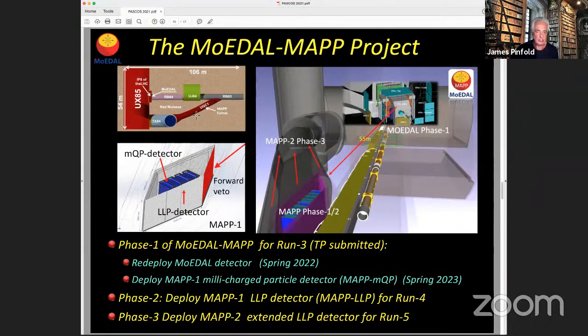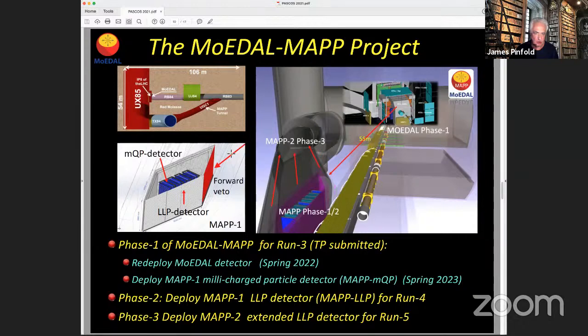This is the UGC1 gallery. This is where the MoEDAL detector is and where the VELO detector is. And we place the detector here in the UGC1 gallery. The detector consists of an inner core, which detects milli-charged particles, and an outer sort of Russian box. That means it's boxes within boxes of detectors that inspect this decay zone here.